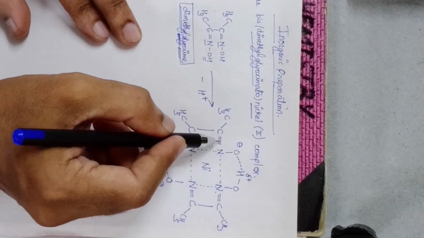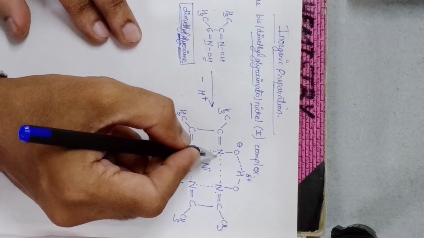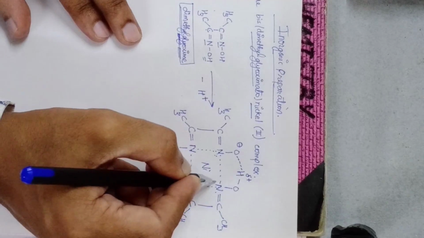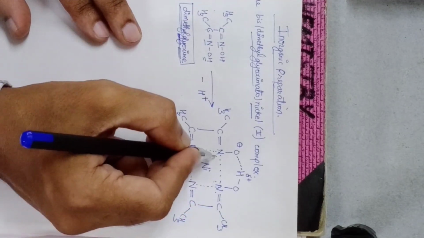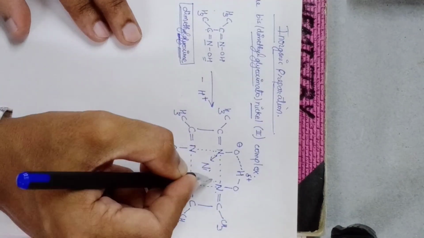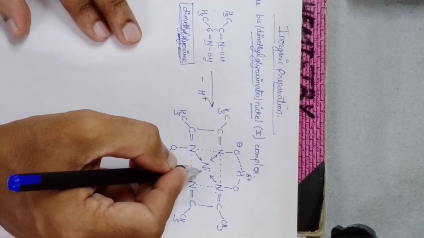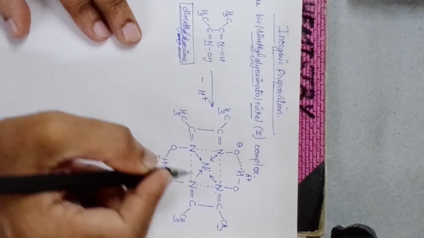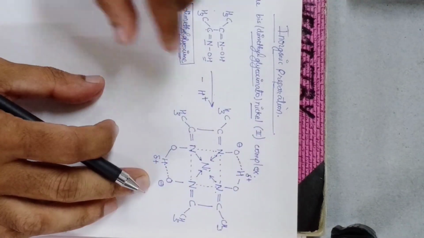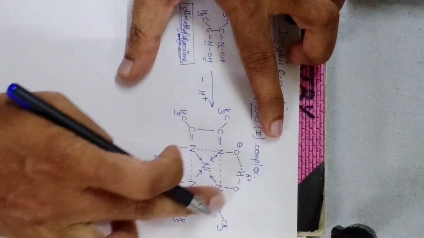And nitrogen, after forming three bonds, will always have one lone pair with it, and these lone pairs are donated to the metal ion to form the respective complex. This is the complex that is of our interest.